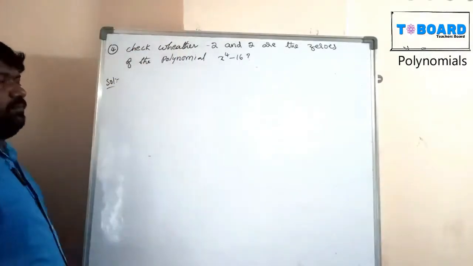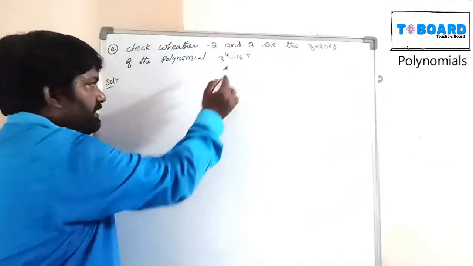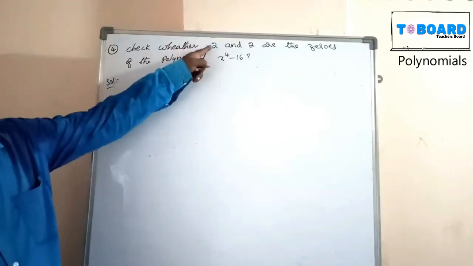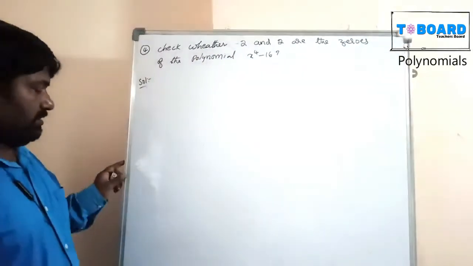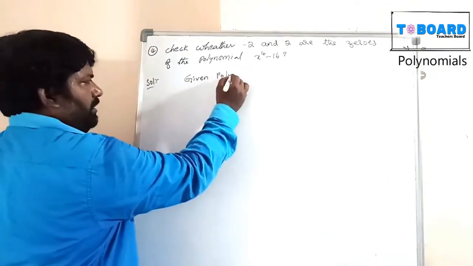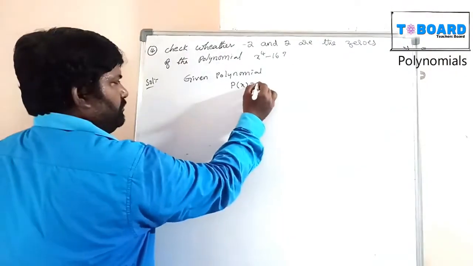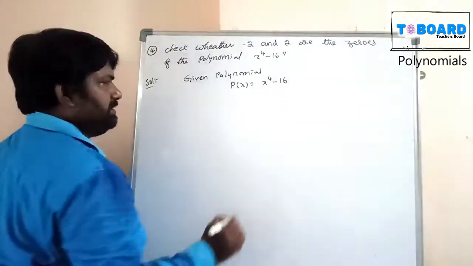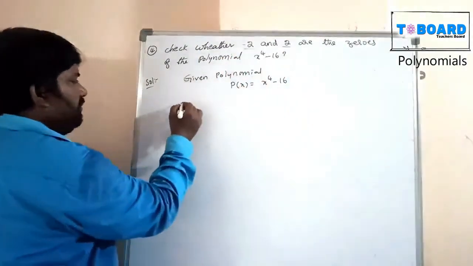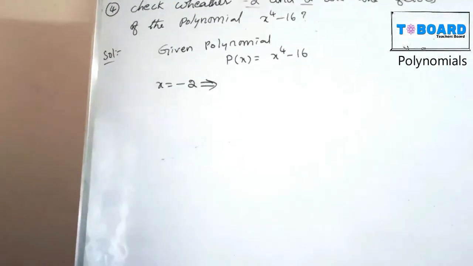Check whether minus 2 and 2 are the zeros of the polynomial x power 4 minus 16. First, given polynomial p of x equals x to the power 4 minus 16. Check whether minus 2 and 2 are the zeros. Put x equals minus 2.